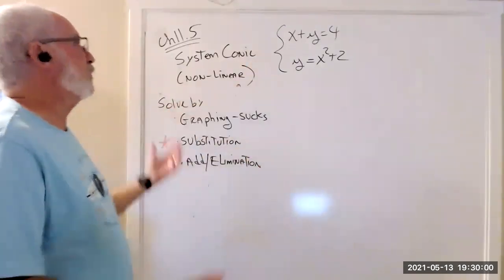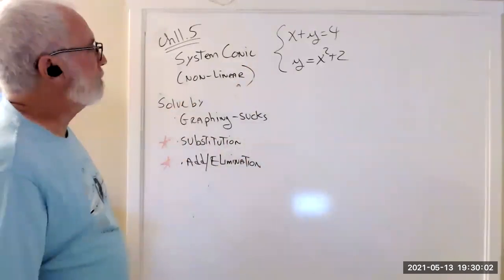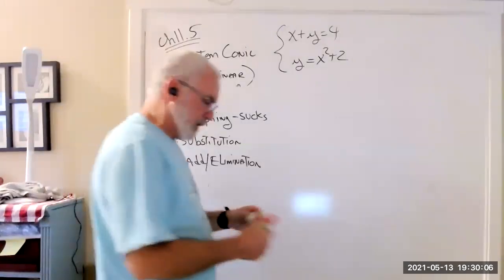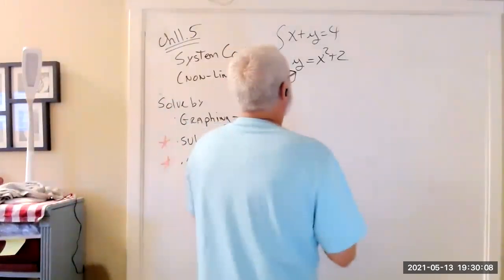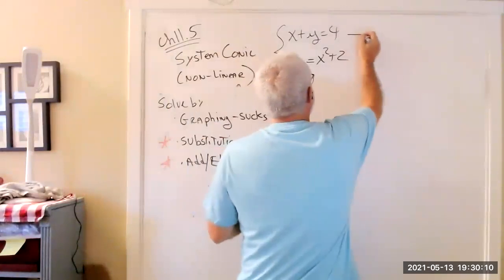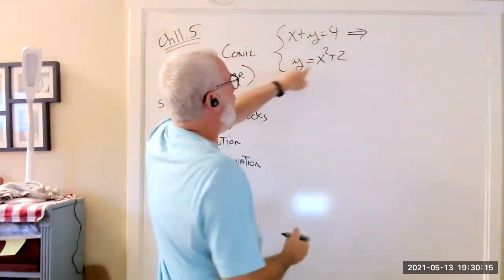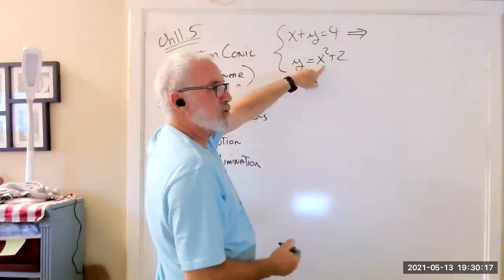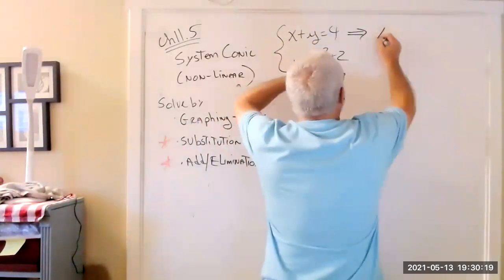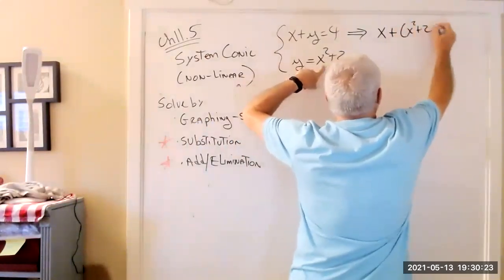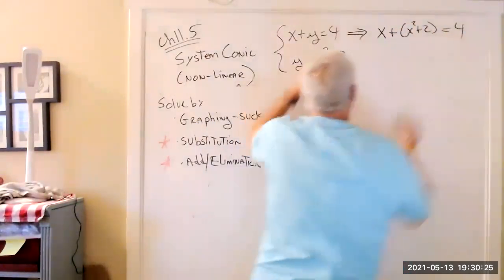So I want to walk through this and show you. I'm going to use substitution, because I look at this top equation, and it says x plus y is 4, but y is the same as x squared plus 2. So I could rewrite this as x plus x squared plus 2 equals 4.